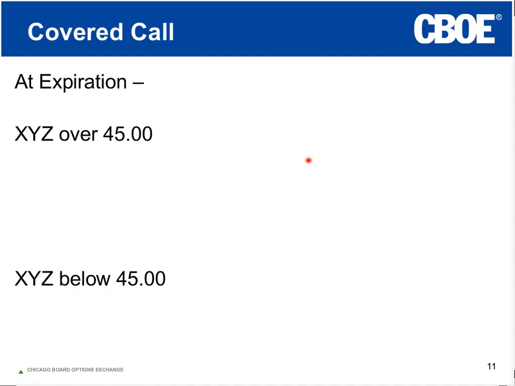Now, two things can happen at expiration, and if the stock's right at 45, either of these may happen based on the decision made by the holders of the option contract. But let's just stick with if the stock's above 45 or below 45. Above 45 at expiration, that option is going to be what we refer to as being assigned. We're going to sell 100 shares of XYZ, and we're going to sell them at 45.